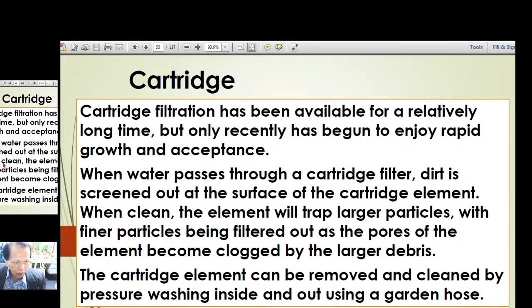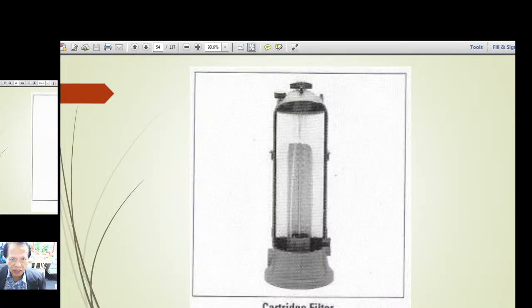When clean, the element will trap larger particles, with finer particles being filtered out of the pores of the element, which become clogged by larger debris. The cartridge element can be removed and cleaned by pressure washing inside and outside using a garden hose. So that's the cartridge type, and this is the picture of the cartridge type.